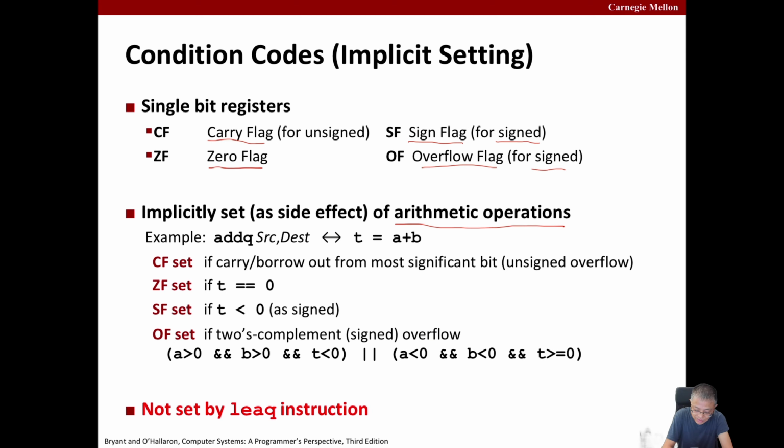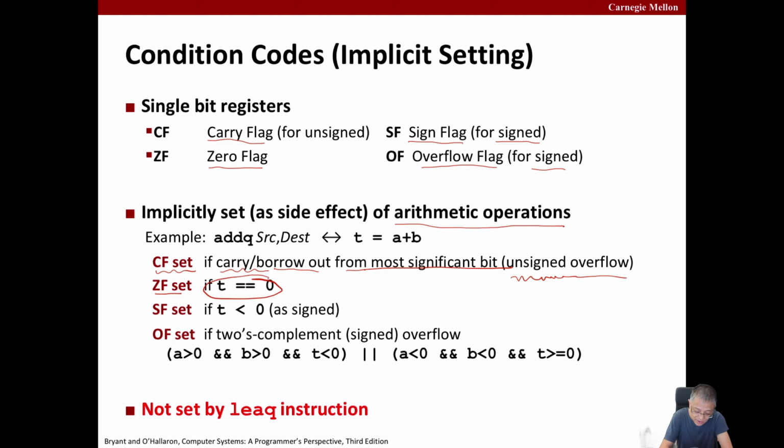CF is set if there is a carry out or borrow from the most significant bit. This indicates unsigned overflow. The ZF is simple: if the result is 0, ZF is set.